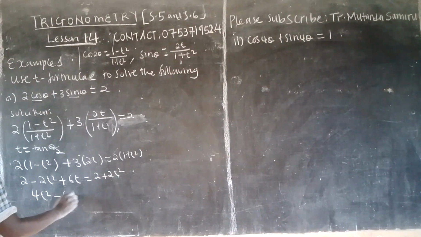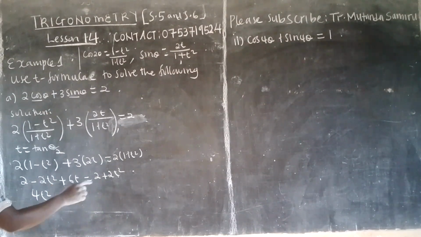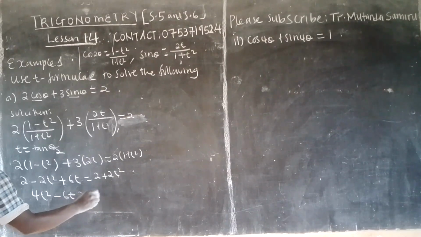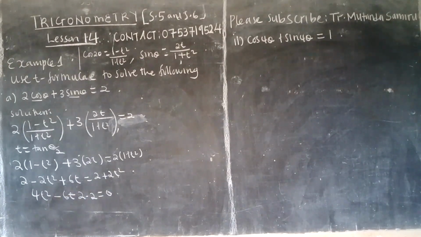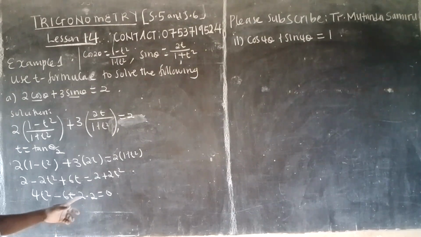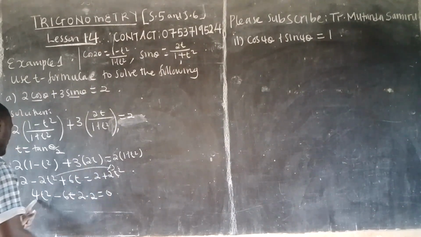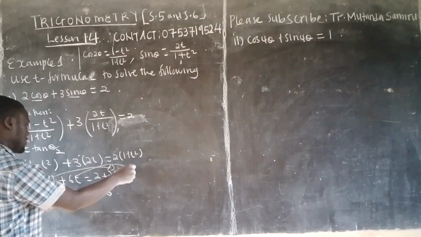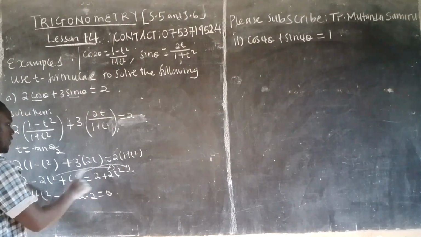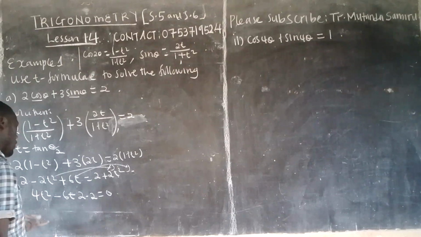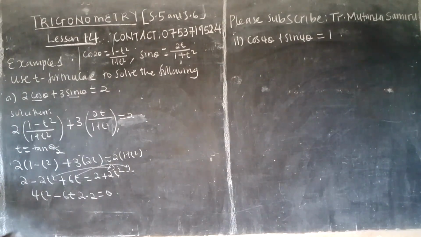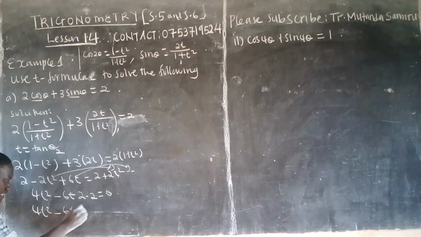The 6t crosses to become negative 6t. The 2 comes this side to be 2 minus 2 equals 0. So that will now be 4t squared minus 6t is equal to 0.